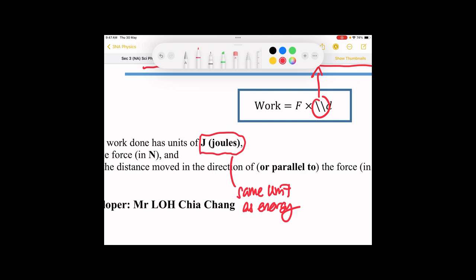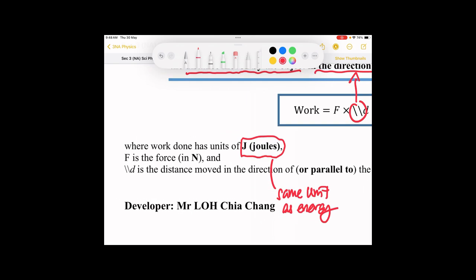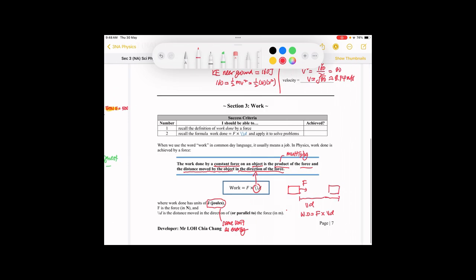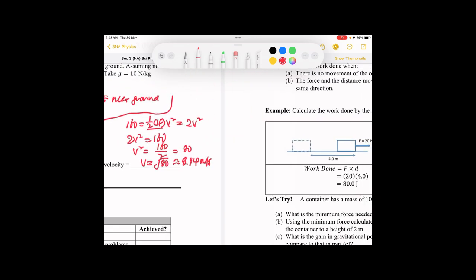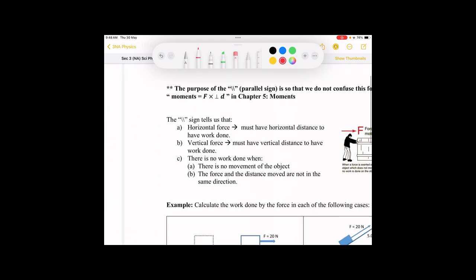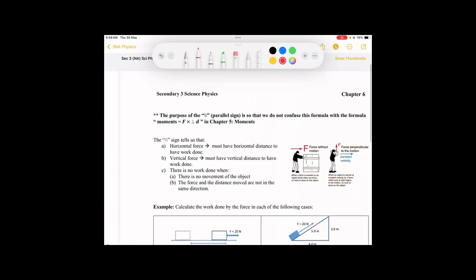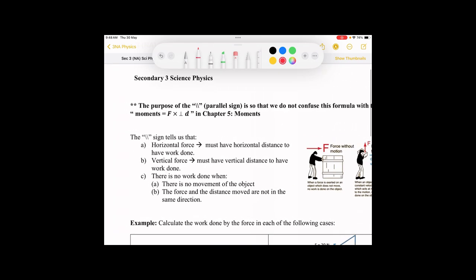Work done has the same unit as energy, which means it is closely related to energy. We will see how this plays out later. How come work done is so closely related to energy? This chapter, the parallel sign also serves another purpose, to not confuse with another formula in chapter 5, which we didn't learn. It's out of our syllabus, so don't worry about that.